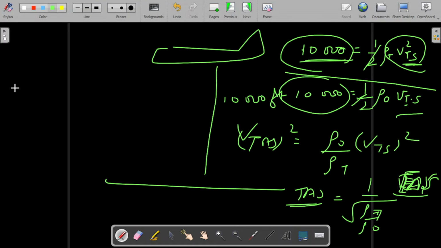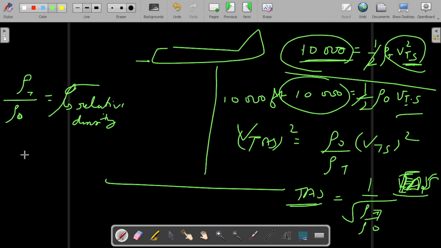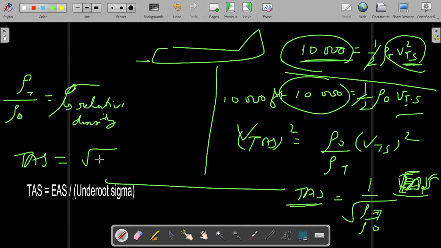This term, rho by rho naught, that is the density at 10,000 feet over the density at ground level, is known as sigma, which is the relative density. So the relation comes out as true airspeed equals equivalent airspeed divided by under root sigma.